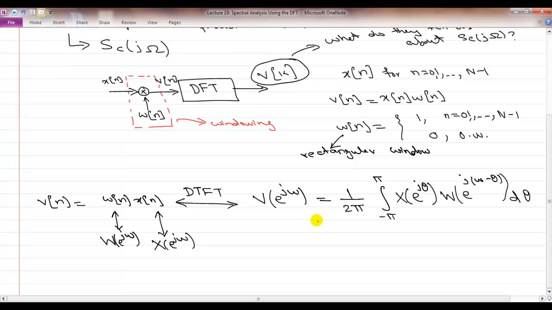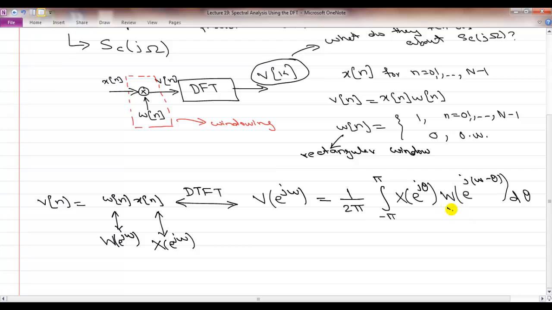So we are multiplying these sequences in time, and in frequency we are doing the periodic convolution of the DTFTs, and this means that V of e to the j omega is definitely not going to be equal to X of e to the j omega. The only way V of e to the j omega will be equal to X of e to the j omega is when?